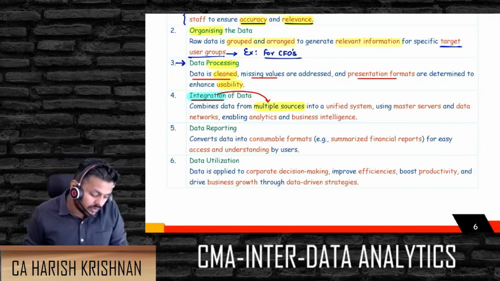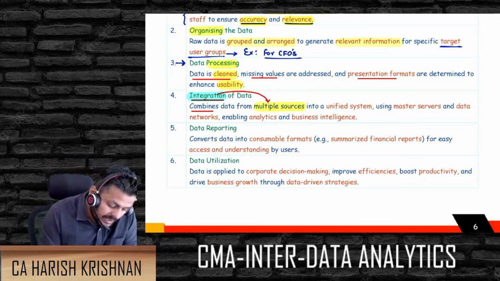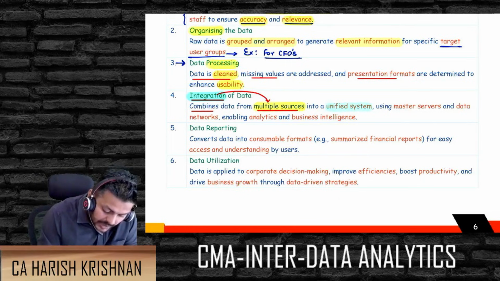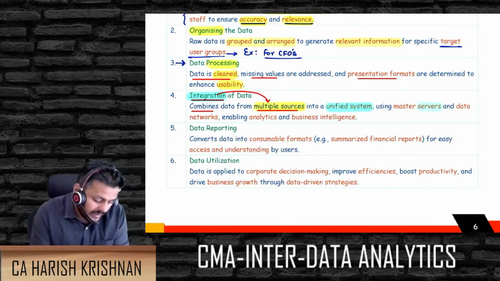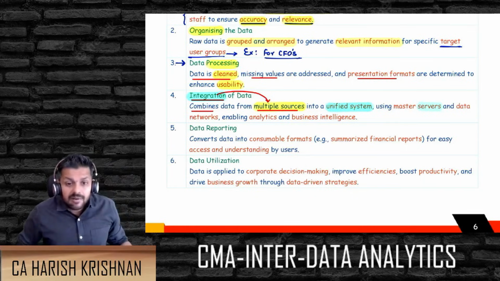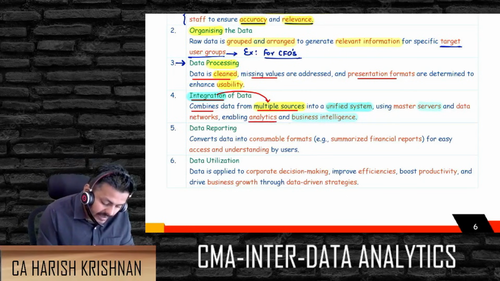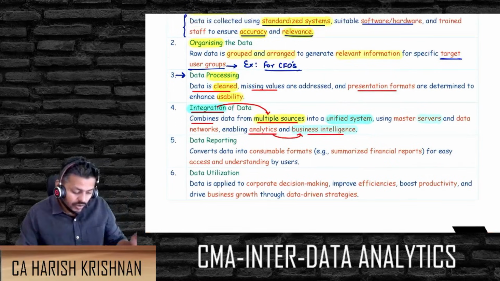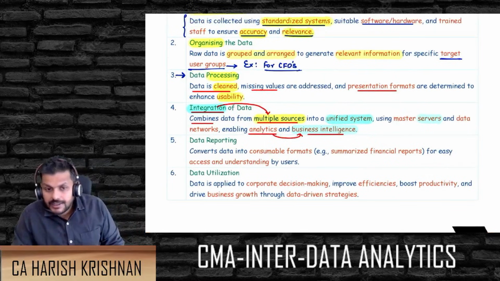Integration of data combines the data from multiple sources into a complete unified system using master servers and data networks, enabling analytics and various business intelligence aspects. So collection of data, organizing the data, processing the data, and then integration of data.